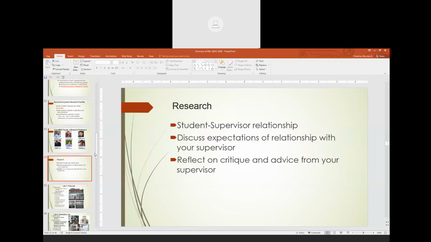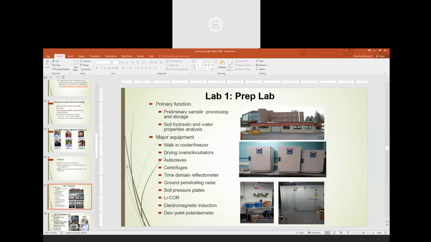If you have a question on this particularly, at the end we will discuss all those questions. Okay, so coming back to, as I said, we have a really good state of the lab.